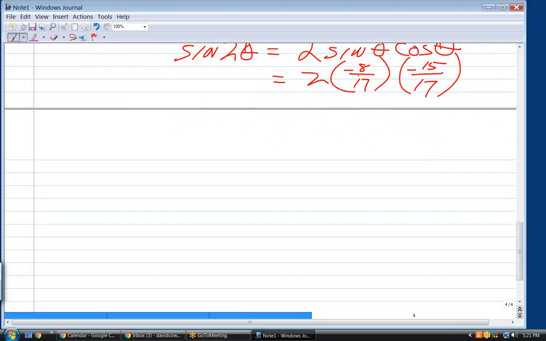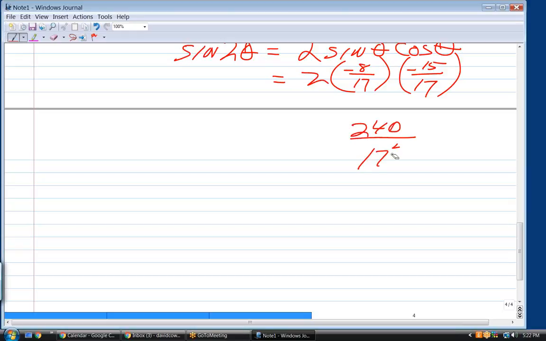In other words, I can't cancel anything that I can think of. Even these 17s are not going to do anything with that 2. These are all prime numbers, well, the 8 isn't, but now, the 16 over 34 times 15 over 17. Right. In other words, you said 16 times 15 over 17 squared. So 240 over 289.